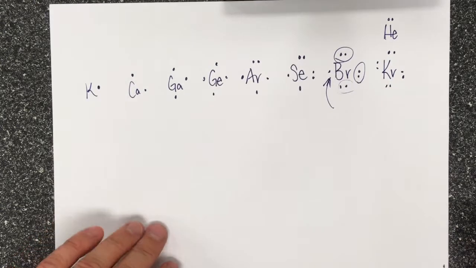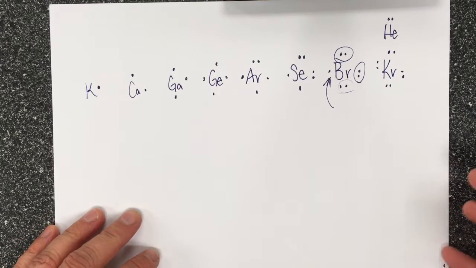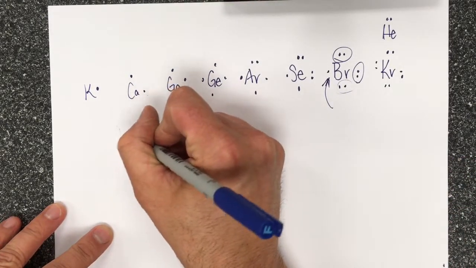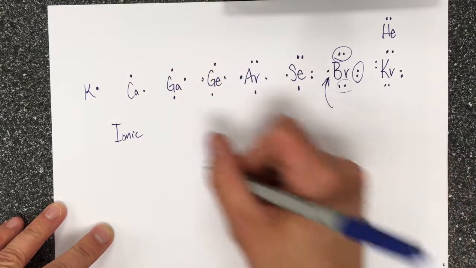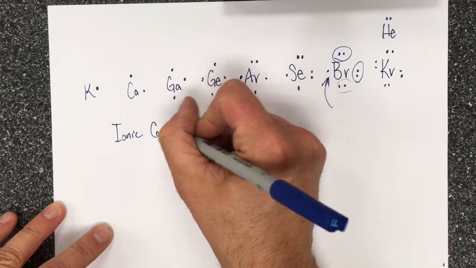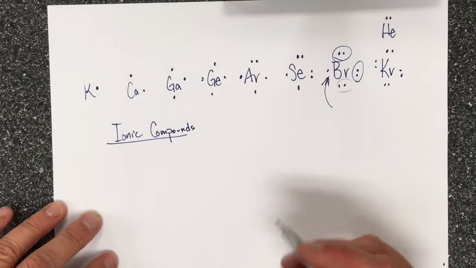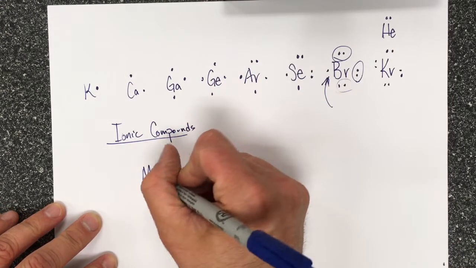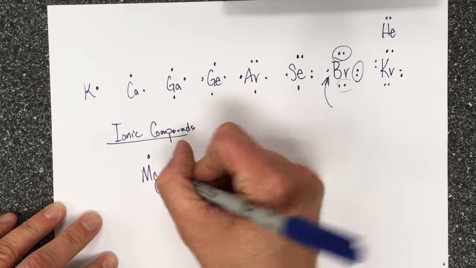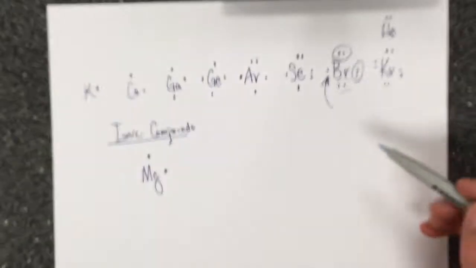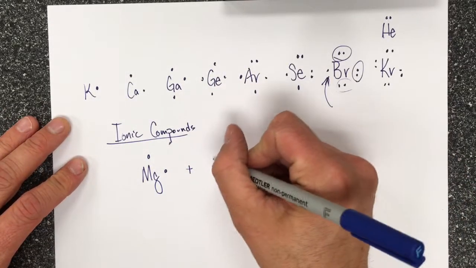And when we're trying to decide what happens in an ionic compound, which is made out of ions, it can be helpful to understand a reaction, let's say a formation reaction of magnesium, which has 2 valence electrons because magnesium is in the second group, reacting with fluorine.